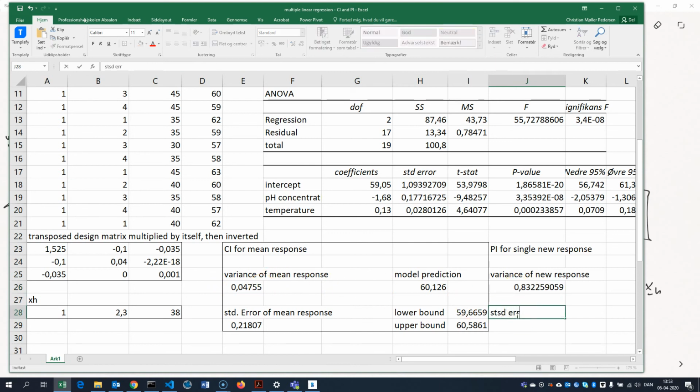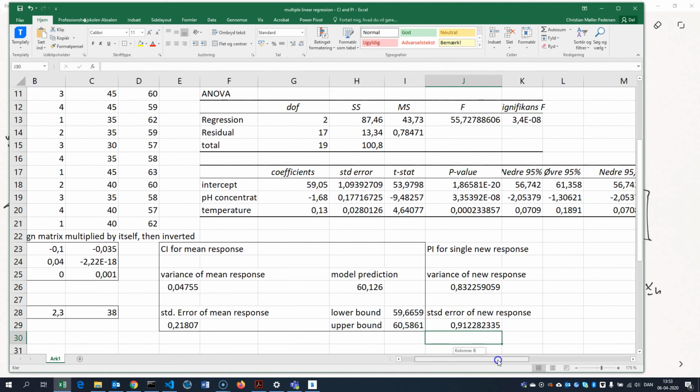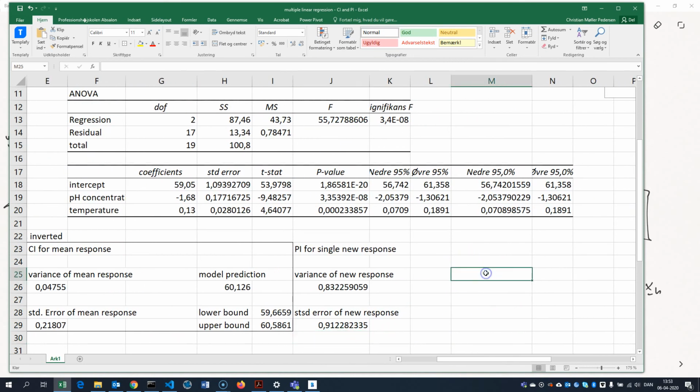The standard error of the new response, single new response, is then the square root of this number here. The model prediction is the same. So I'll just use that number here.